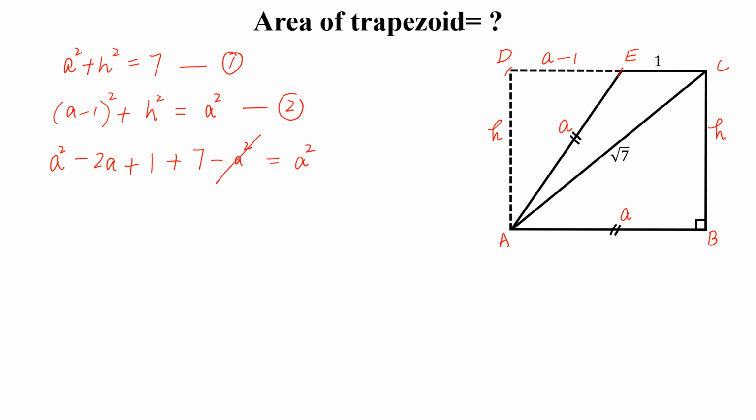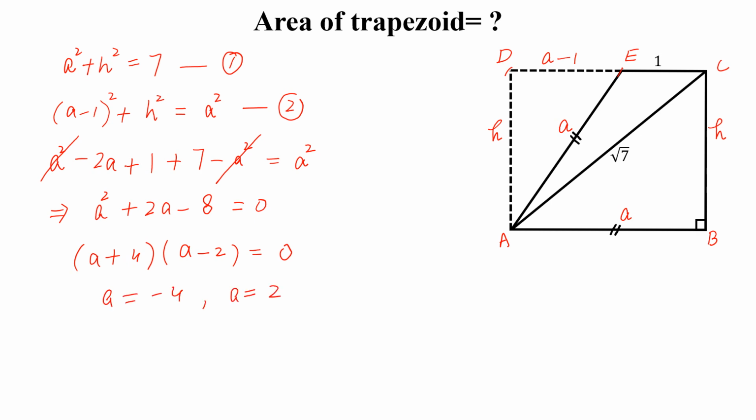So A square cancels with minus A square, and if we simplify this we get A square plus 2A minus 8 equal to 0. By factorization we get (A plus 4) into (A minus 2) equal to 0. From here we get A equal to minus 4 or A equal to 2. So the length is A equal to 2.